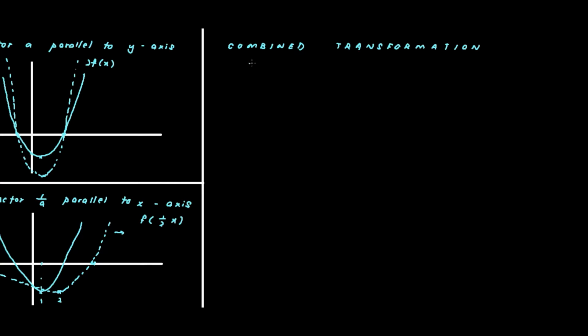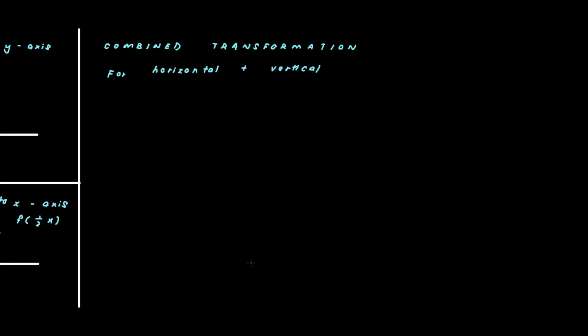So when we talk about combined transformations, if you have a horizontal transformation plus a vertical one, for example a stretch parallel to the y-axis and then a translation to the left-hand side, so one vertical and one horizontal, then for this case the order doesn't matter.